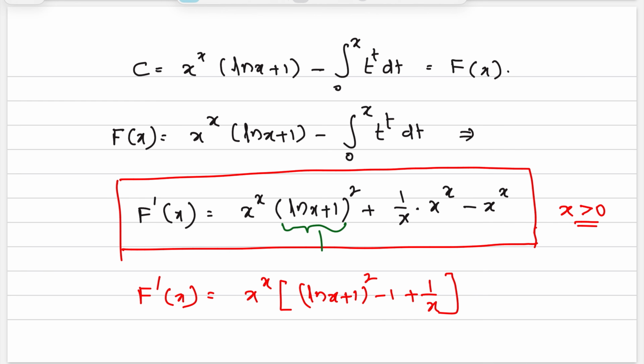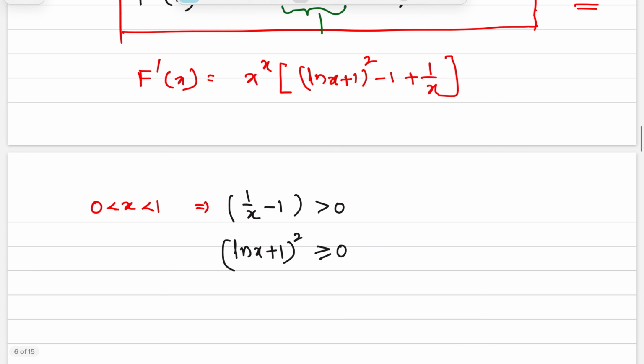If x is less than 1, let me say, what happens to 1 by x? 1 by x minus 1 will be positive. You just see. Let us try to observe this. 0 is less than x is less than 1, because we have taken x greater than 0.